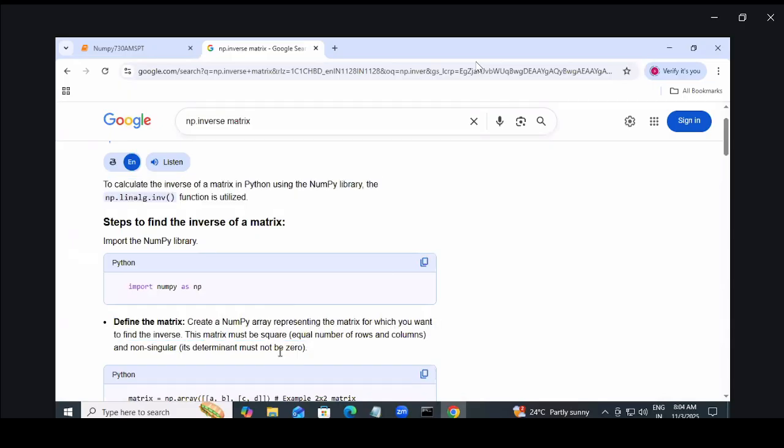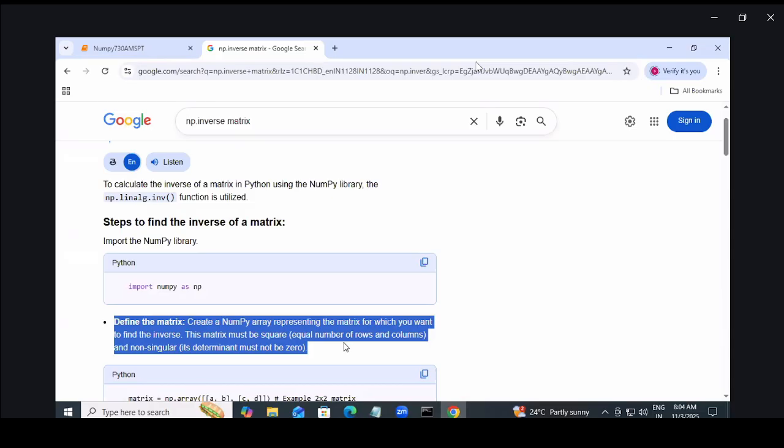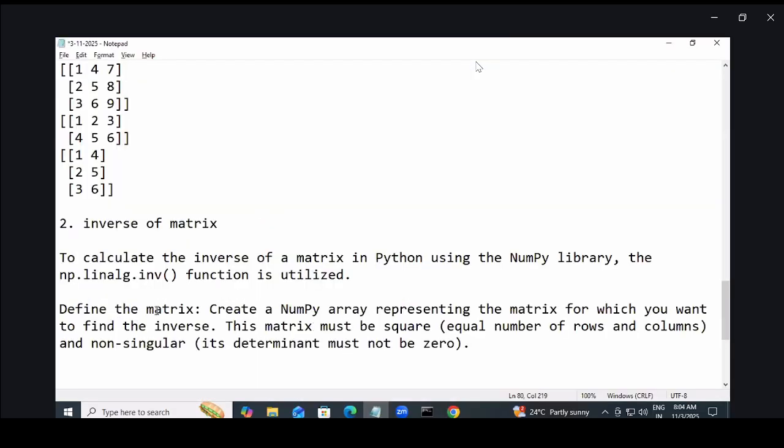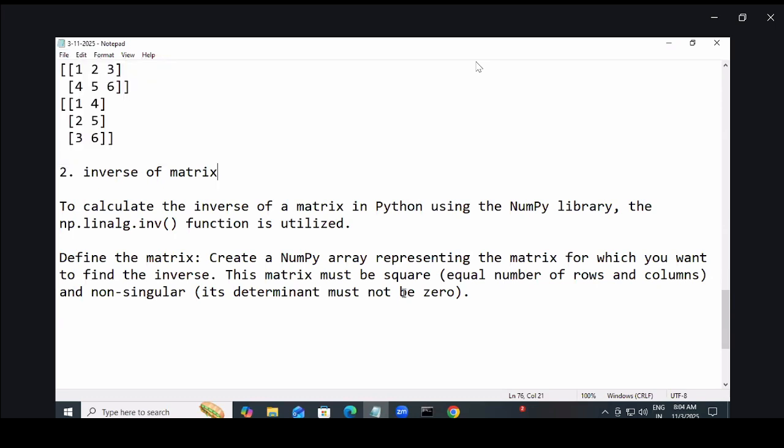But if you want to find the inverse of the matrix, the matrix must be which matrix? Square matrix. The number of rows and columns must be equal. And at the same time, the determinant of this matrix should not be equal to zero.